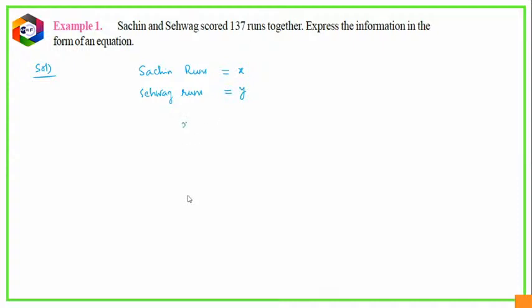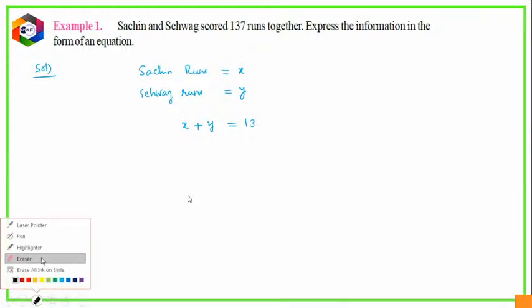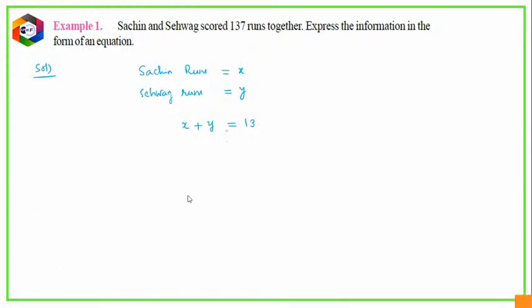That means Sachin runs plus Sehwag runs together upon adding, which will be 137. So this will be the equation in two variables. That's all. It is a simple question actually.